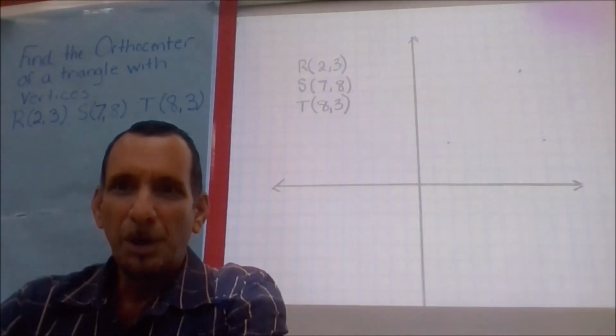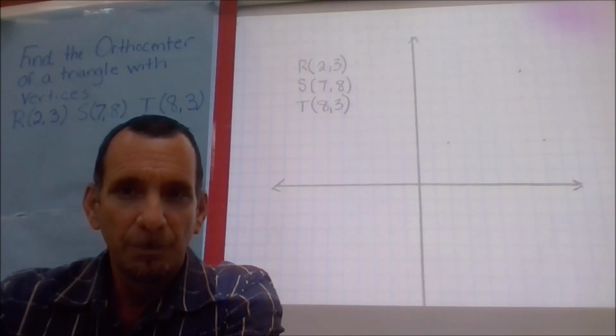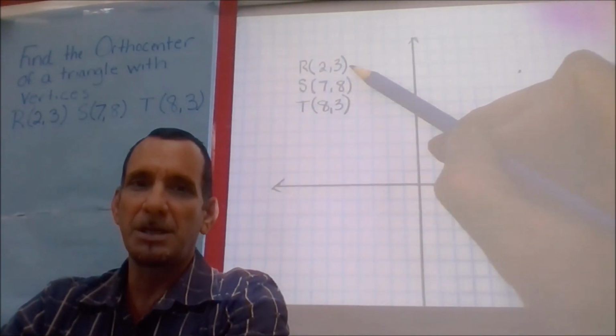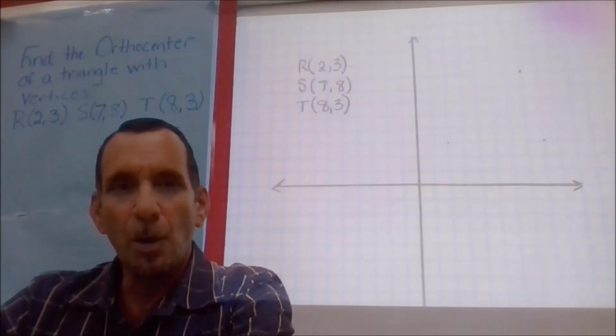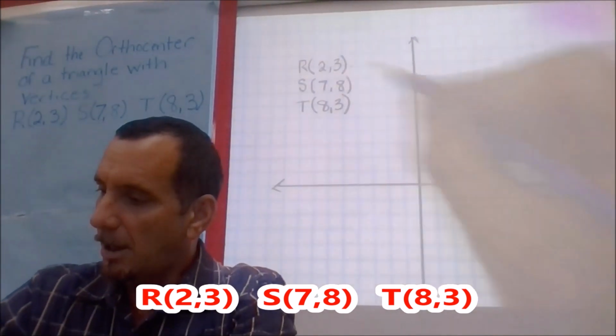So, we want to find the orthocenter of a triangle with the vertices of the triangle at (2, 3), (7, 8), and (8, 3). So let's go on over and plot those points.